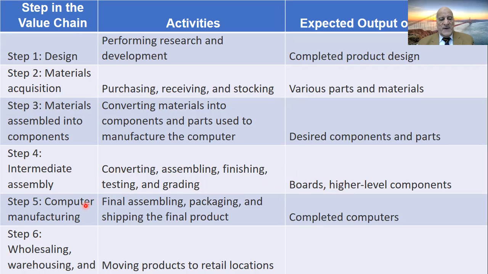Step number 5, computer manufacturing. The manufacturing of the computer. The activities are final assembling, packaging, and shipping the final product. So the output of these activities will be completed computers.